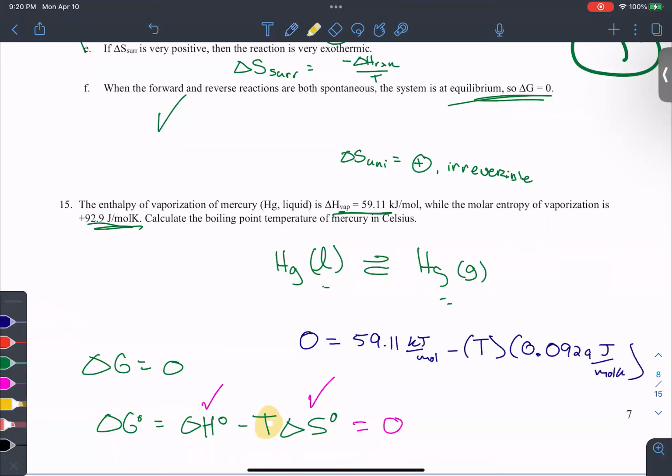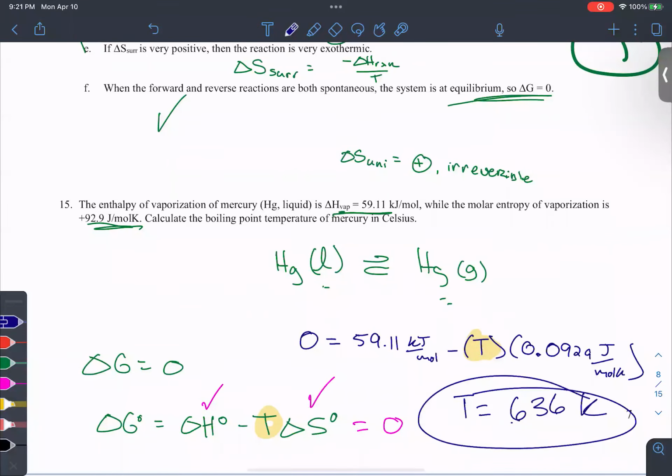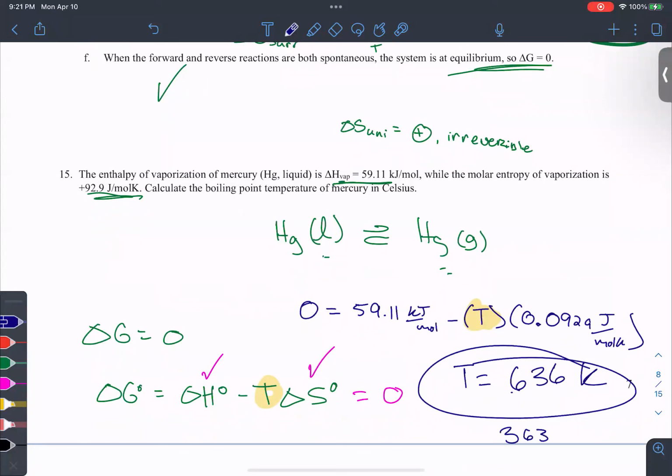Then you just solve for temperature, and hopefully you get a number that makes sense. 636 Kelvin, or 363.1 degrees Celsius.